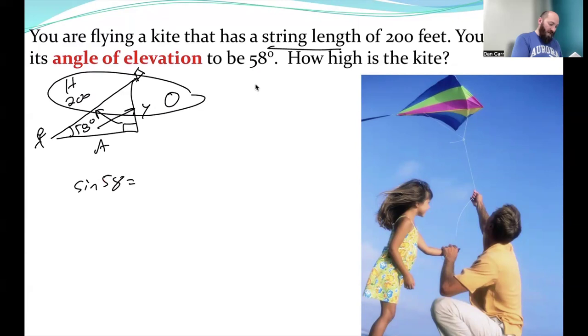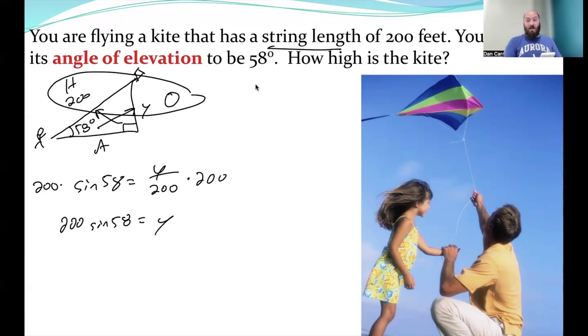So the sine of 58 is equal to opposite divided by hypotenuse. So I multiply both sides by 200. So 200 times the sine of 58 is equal to Y, and then I can plug that in my calculator. So 200 times the sine of 58. And I get 169.61, and it's going to be feet in this case for Y. Okay, so that's my final answer here.